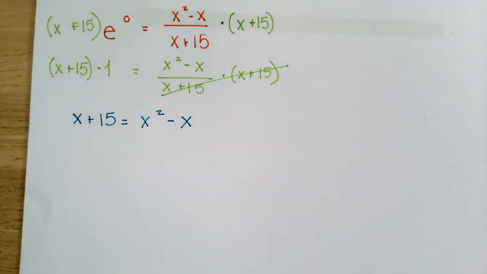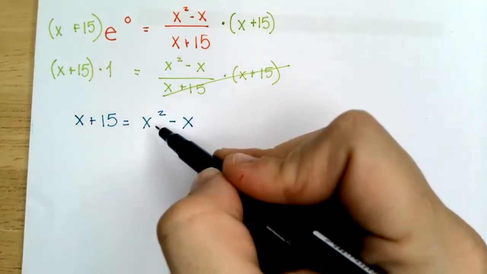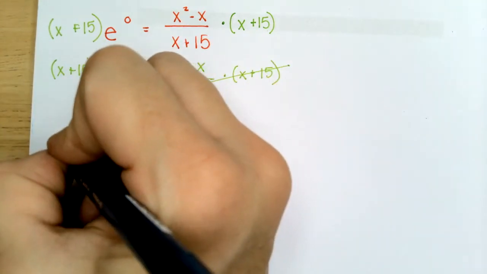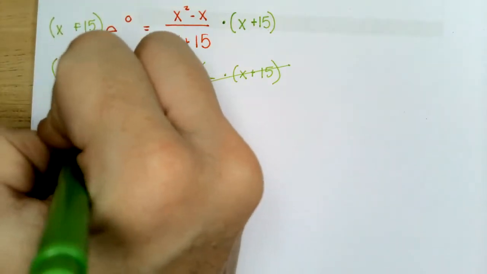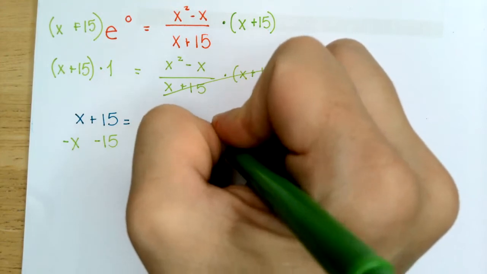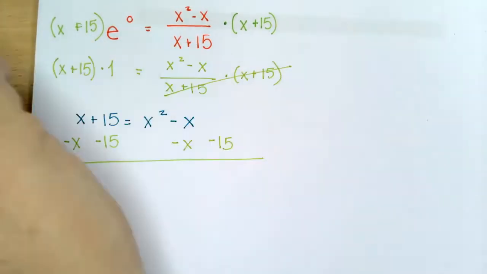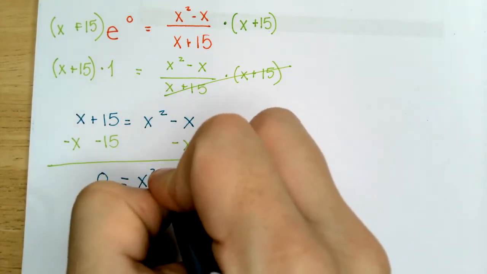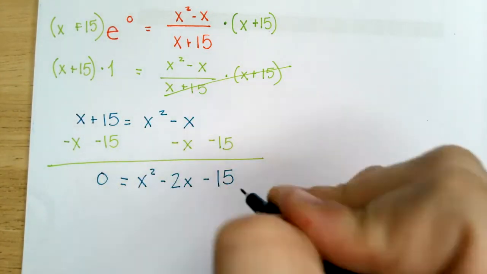Good? Okay. This is, again, a quadratic equation, so I'm going to set it equal to 0 by moving things over. Okay? I like my leading term, which would be the squared, to be positive, so I'm going to subtract x and subtract 15. That means over here I have 0. Here I have x squared minus 2x minus 15.